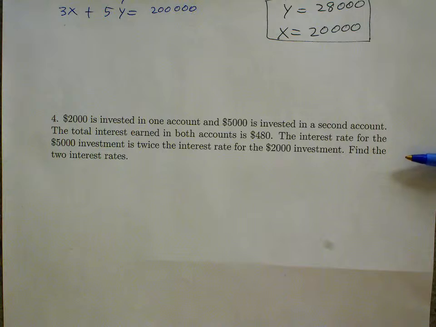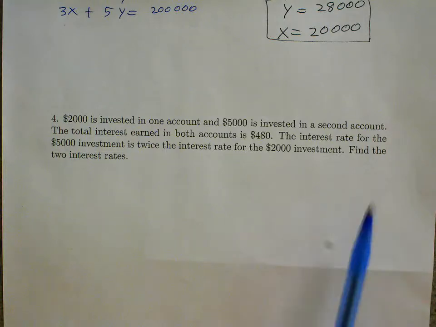Find the two interest rates. Okay, so now the unknowns are the interest rates, not the amounts that were invested. So there are two interest rates that we need to find.